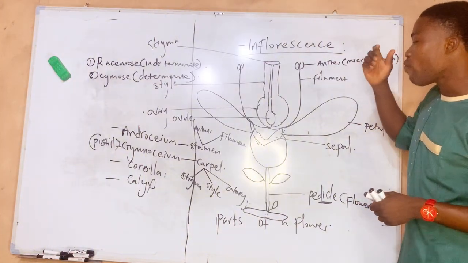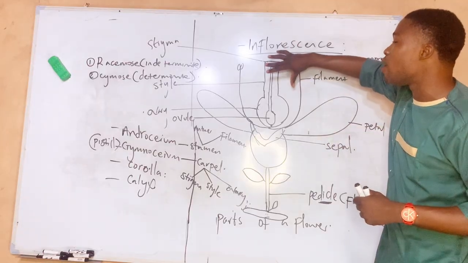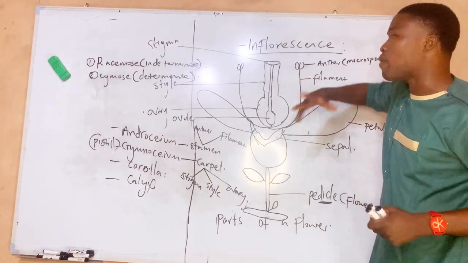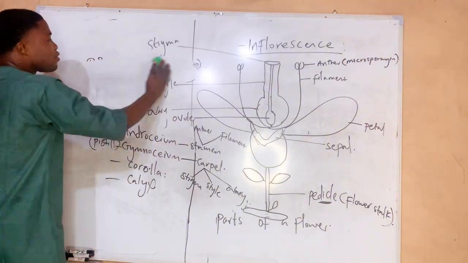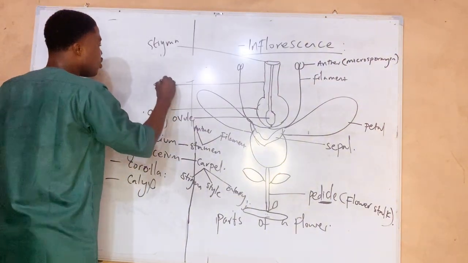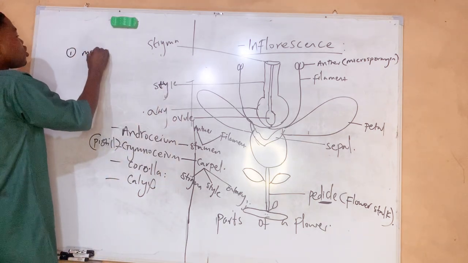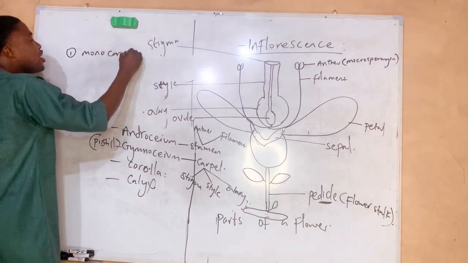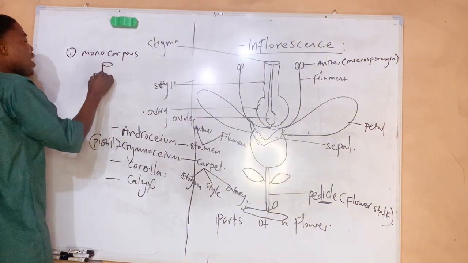Now, there can be various types of pistils, so I'd like to put them here. First, a pistil can be monocarpous. When a pistil or gynoecium is monocarpous, it means that it has just one carpel.